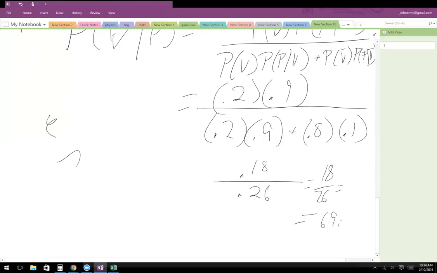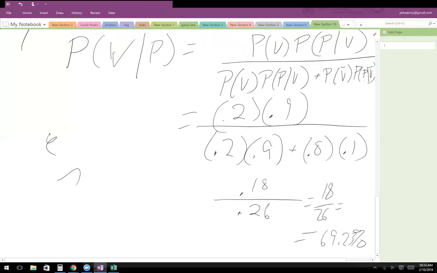So it's kind of counterintuitive because, I mean, on one hand, I told you, hey, this test is right 90% of the time. So you go down and you get tested, and it says you have this virus. What's the odds that you actually have the virus? It's only 69%. Does that seem weird to you?